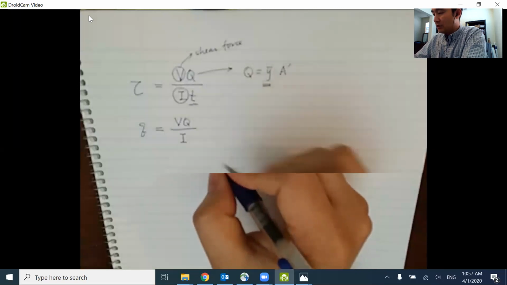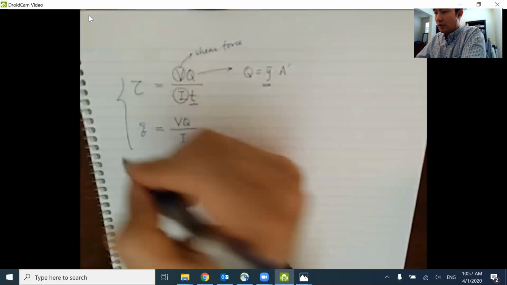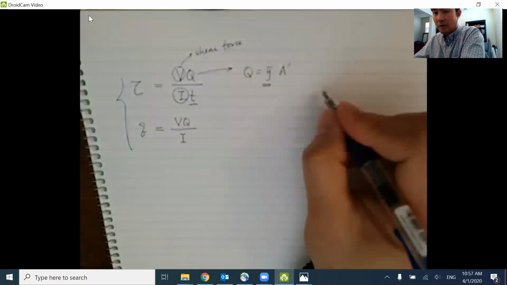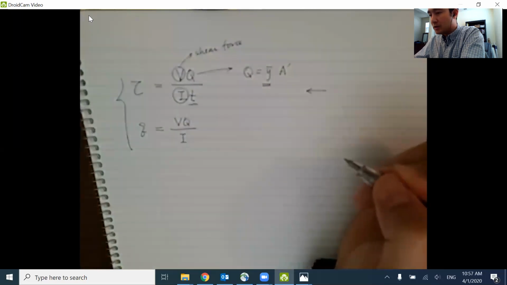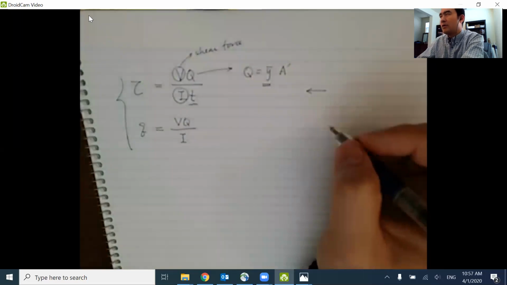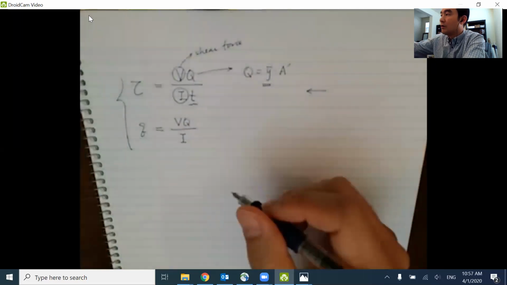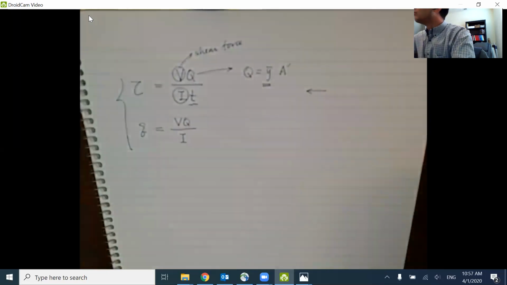So we're going to use these two equations, and I'm going to go over the first example problem using the first one, the tau equation, which is example 12.3 in your textbook. And I remember we solved this problem, but we couldn't complete it at the end. So let me see.